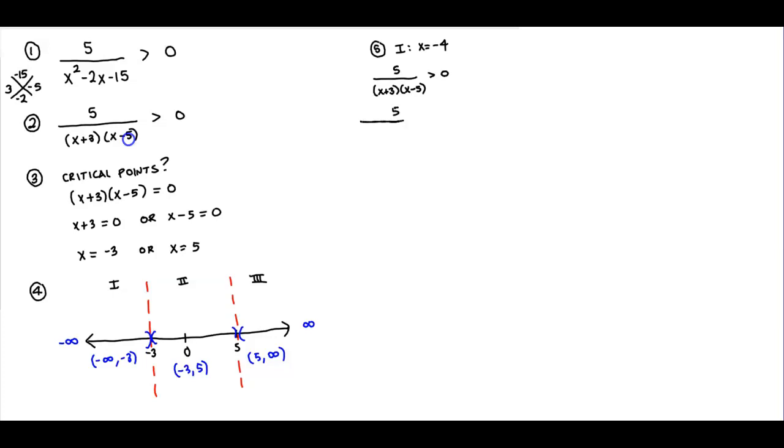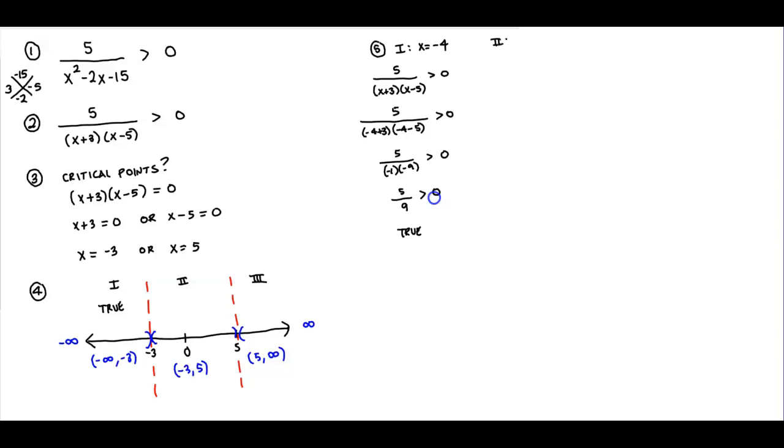So we have 5 over negative 4 plus 3 times negative 4 minus 5. Negative 4 plus 3 is negative 1. Negative 4 minus 5 is negative 9. Negative 1 times negative 9 is positive 9. You have to be careful with your order of operations. Positive 5 over 9 is greater than 0, so it's going to be true for region number 1.